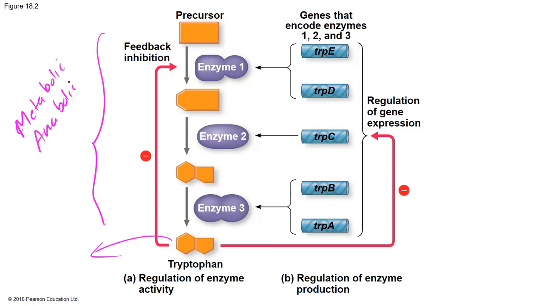It's the same thing. It is an anabolic pathway because it is used to synthesize a molecule. And this is the pathway end product. And as you can see, the end product can exert feedback inhibition on the pathway to shut off the synthesis of more of the end product if the concentration of the end product is high.